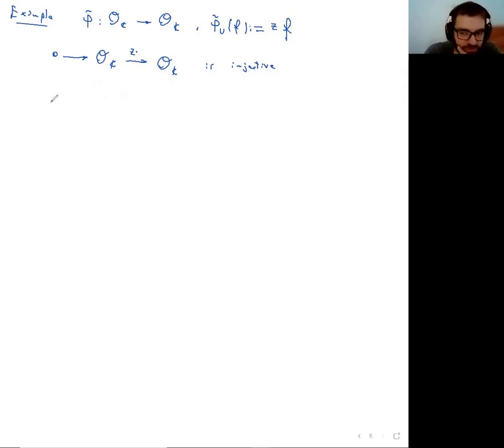And of course, the associated vector bundle is just a trivial bundle, C times C. We're going to use the Z coordinate here and the V coordinate here.